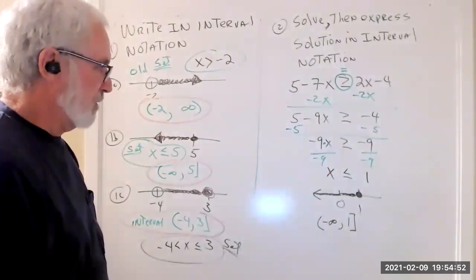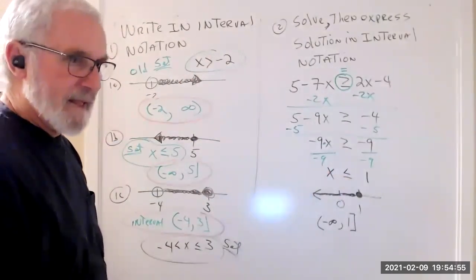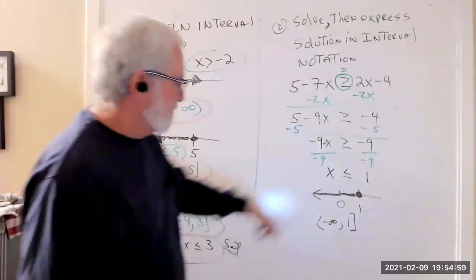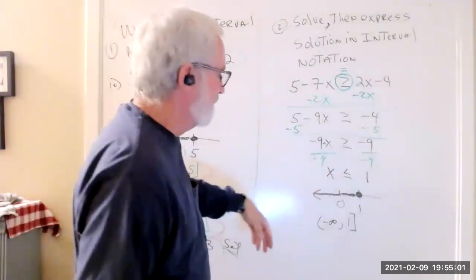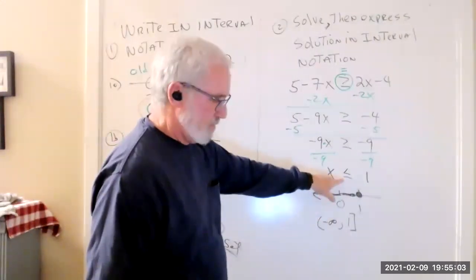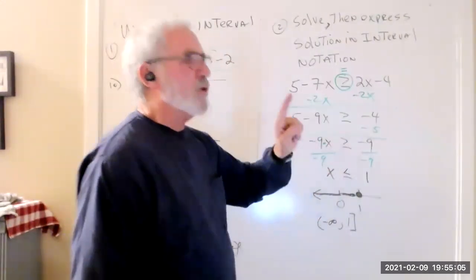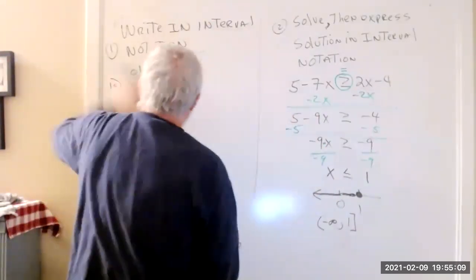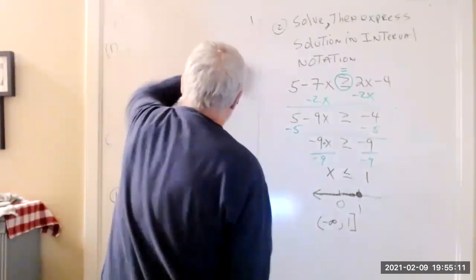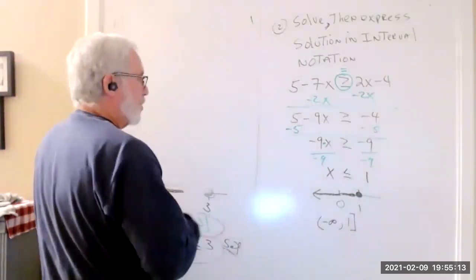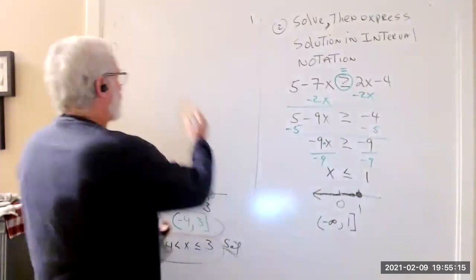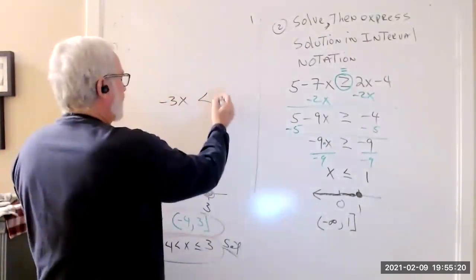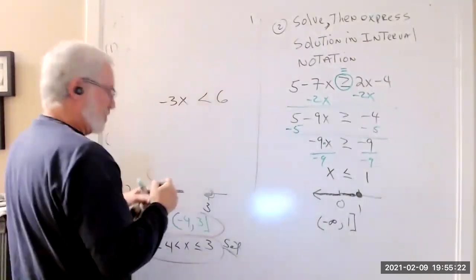Anybody else? Yes. When you flip the inequality symbol, the greater than or less than, is it only when it's two negatives? No, it's only when you divide by a negative. So let's say you had negative 3x is less than 6.